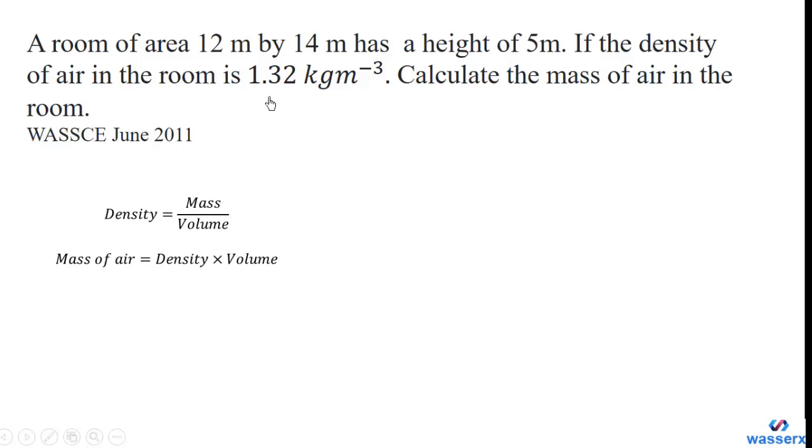We were given the density of air in the room to be 1.32 kilogram per meter cube. What we need to do now is to calculate the volume. We know that the volume is given by V equals length times breadth times height.